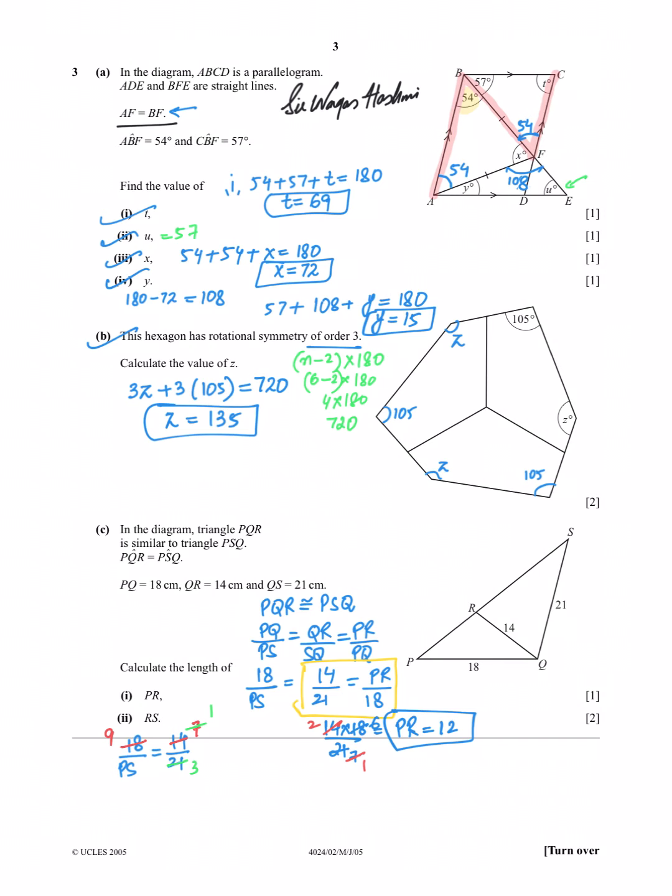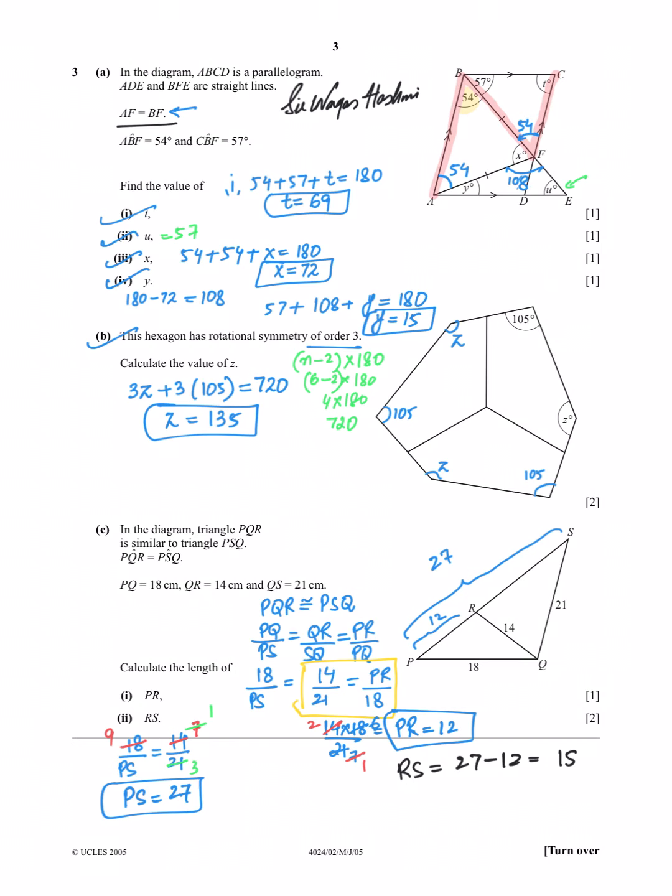And 3 nines are 27. So you got the value of PS, and that is 27. But that is not your final answer, because the value of PS we have is 27, the value of PR we have is 12. We need to find out the value of RS. So now you can find the value by simply 27 minus 12, and that leads to 15, and that is your final answer.